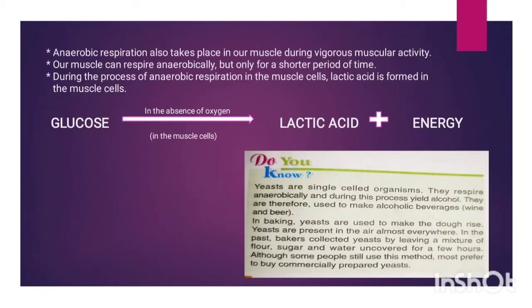Anaerobic respiration also takes place in our muscles during vigorous muscular activity. Our muscles can respire anaerobically but only for a shorter period of time. During anaerobic respiration in the muscle cell, lactic acid is formed in the muscle cell.